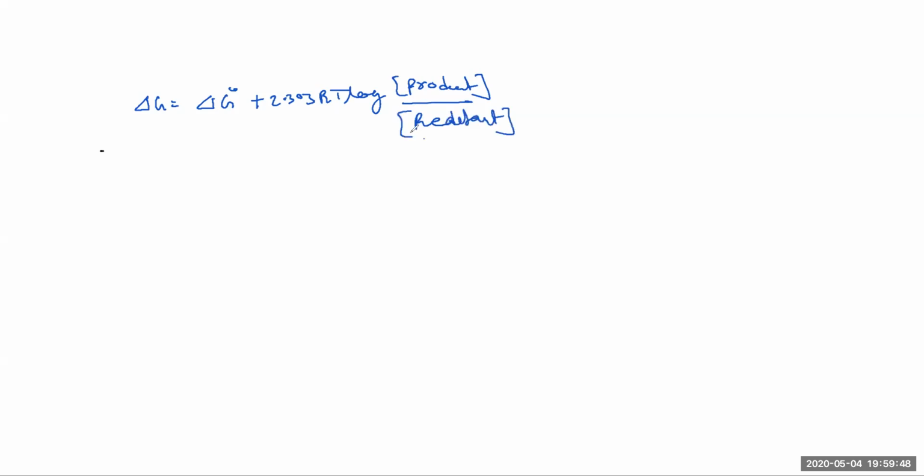That is delta G is equal to delta G naught plus 2.303 RT log of, simply I'm writing, log of product molar concentration by reactant molar concentration. Reactant molar concentration, correct now?